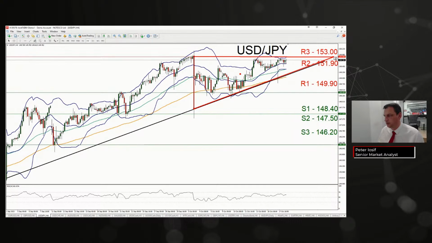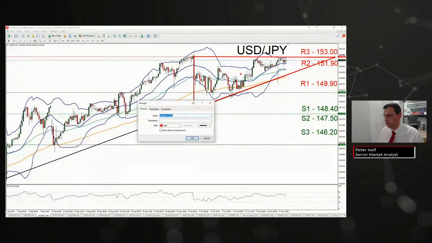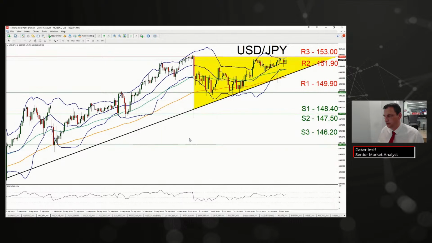And here. In yellow. So here you have it.